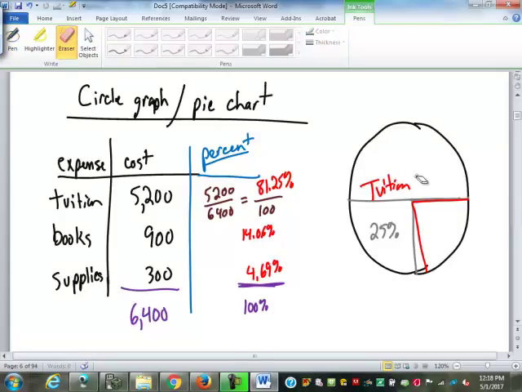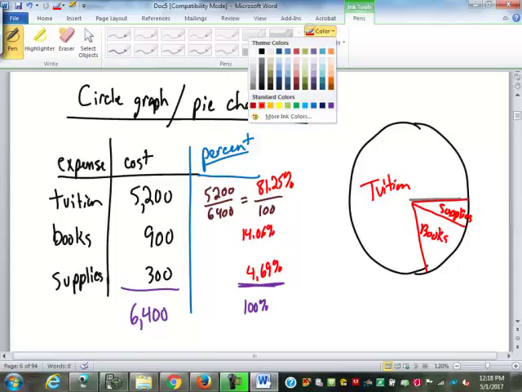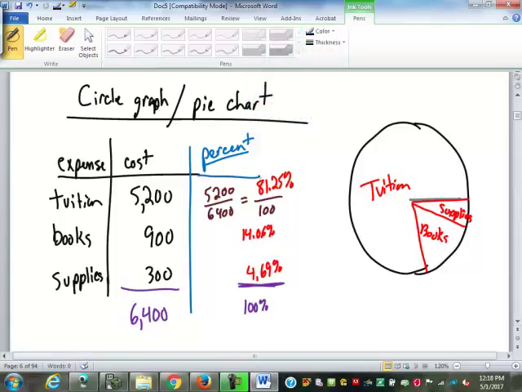So get rid of those because they're not really there. They're just guidelines. And the rest of it looks like a little bit, almost 3 times as much. So I'm going to cut it like that. This is supplies and books.